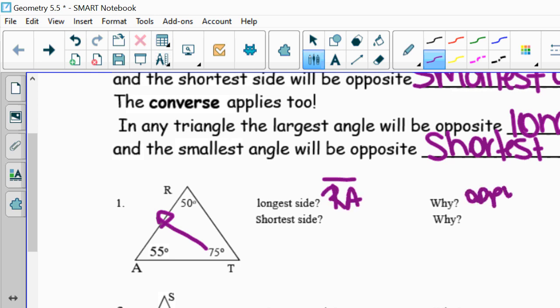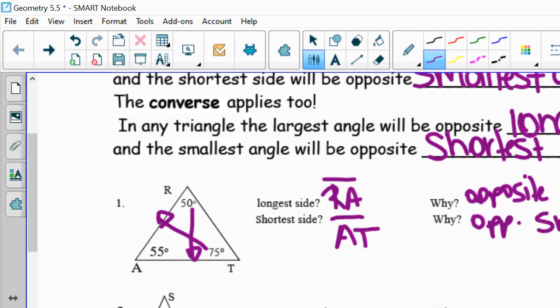It's opposite the largest angle, 75 degrees. Then it says the shortest side, so I look for my smallest angle, which is 50. Opposite that is segment AT. Why? Because it's opposite the smallest angle, 50 degrees.